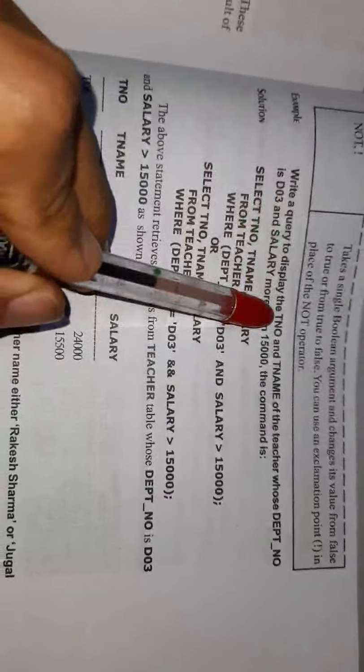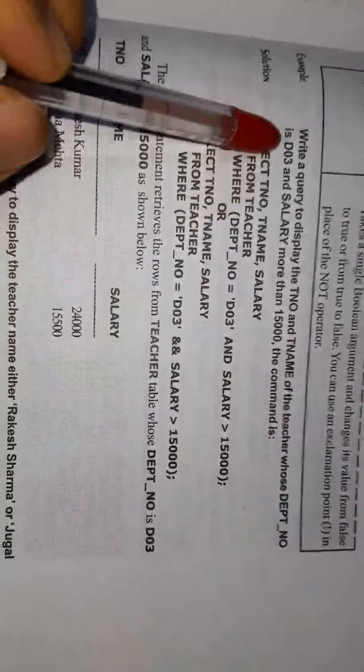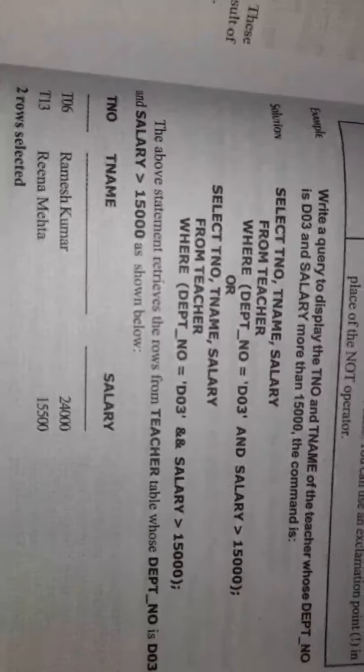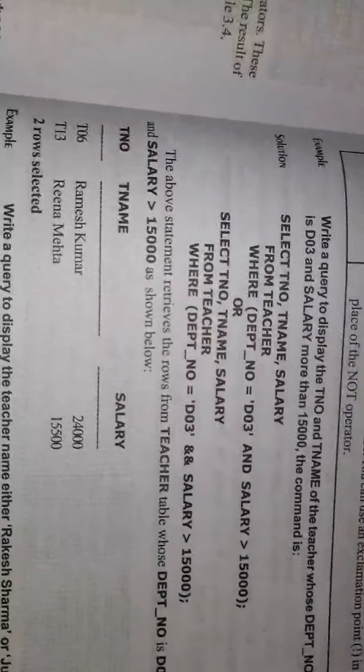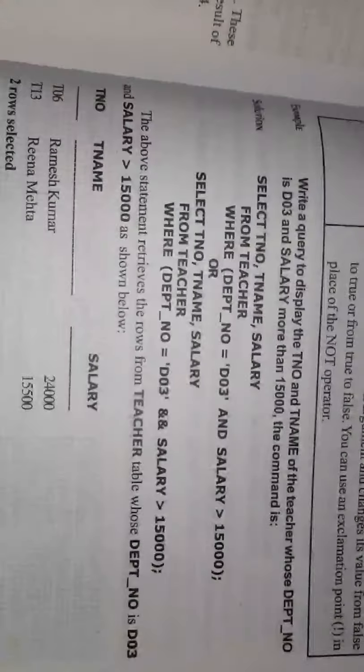Now you have a query question: write a query to display the teacher number and teacher name of the teacher whose department number is D03 and salary more than 15,000. Since you are using logical operators, they compare two conditions.